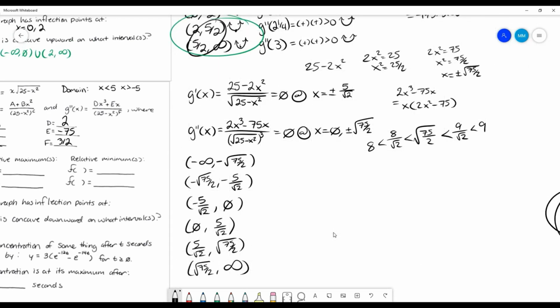And remember that this is less than 5. Greater than what exactly? Well, I know it's at least greater than 2, so I'll use that for reference.